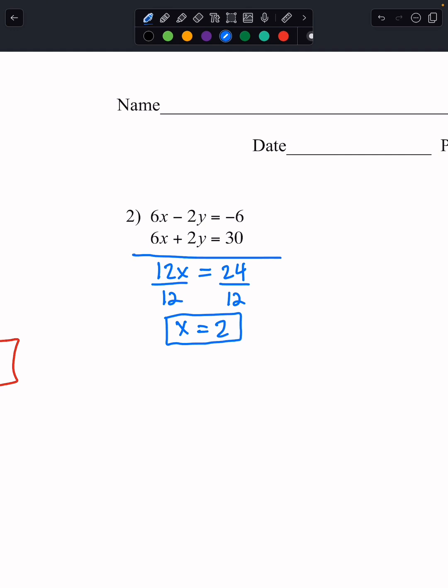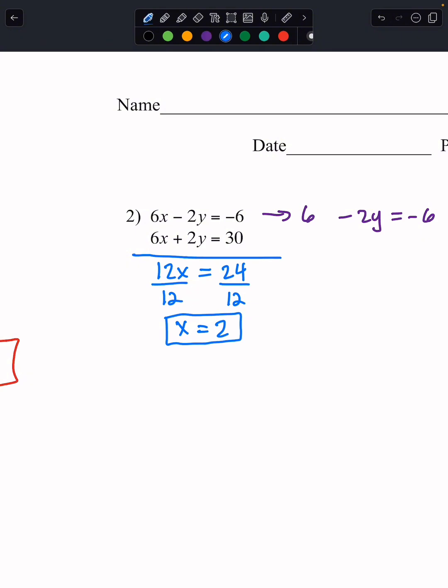So I got 6x. Oops, I got to substitute that x in. So I'll write it out again. 6x minus 2y equals negative 6. And remember, this x right here really should be that positive 2 that we just solved for.